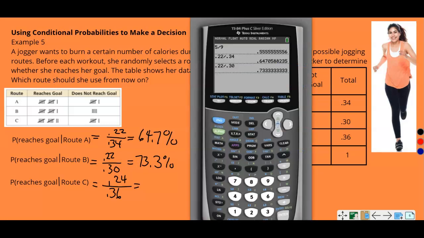So we can already see route B is better than route A in terms of reaching her goal. And then the last one, 0.24 divided by 0.36, is going to be about 66.7%.